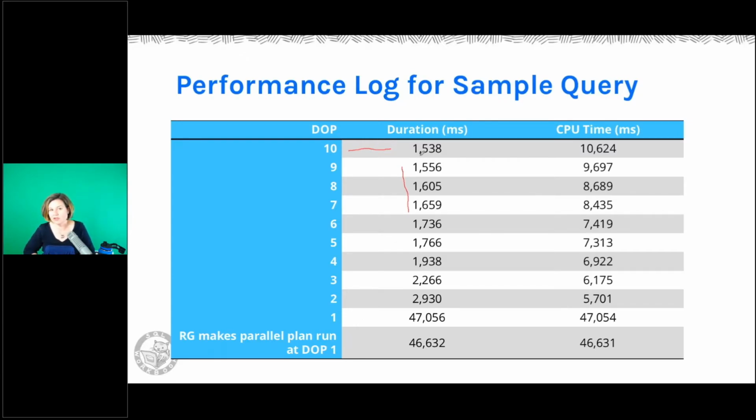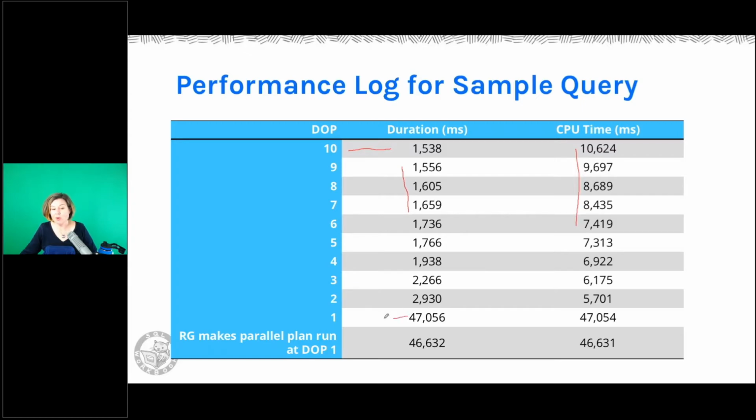There are going to be fluctuations with the same query run over and over again, higher and lower, just depending on whether Windows Update is checking for updates in the background or whatnot. But we can see there is a leveling off of performance from MAXDOP 6 or 7-ish to MAXDOP 10. It's getting faster, but not all that much faster. But my CPU time is continuing to go up quite a bit.